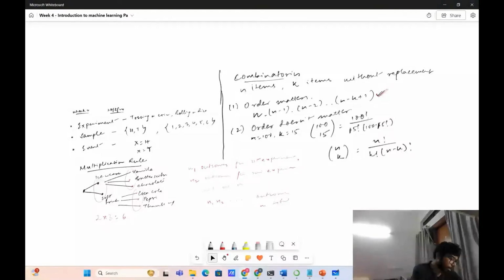If you had to pick two items, let's say k is two, what will you do? You will choose n for the first item, and you have n minus one possibilities for the second item, right? If k is 2, this will give you n minus 1. If you go till n minus k, then you will have n minus 2, so we'll have three terms, right?